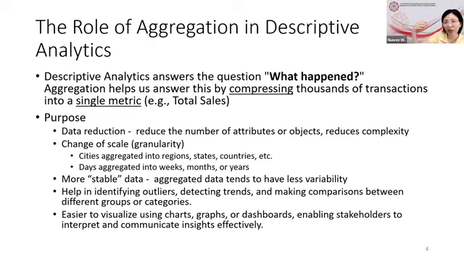We can also, in the next few weeks, visualize using charts, graphs or dashboards, so that we can interpret easily and also communicate the insights that we found to maybe our stakeholders or maybe to ourselves.